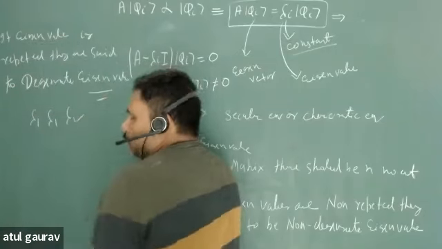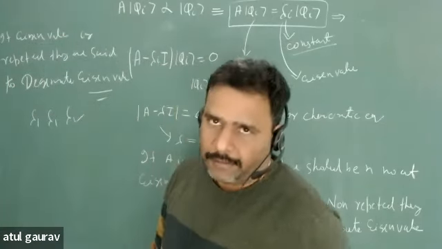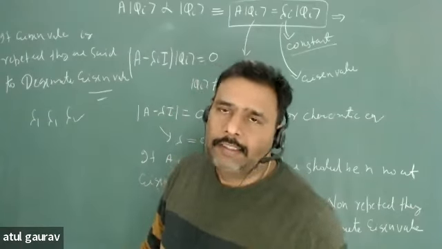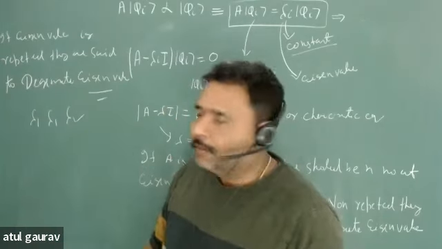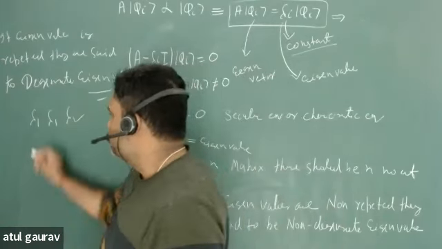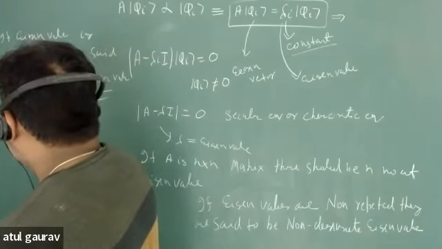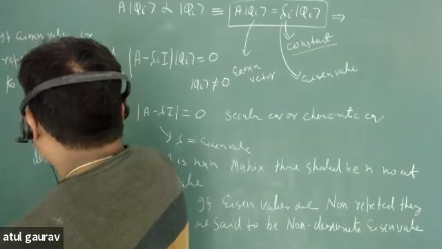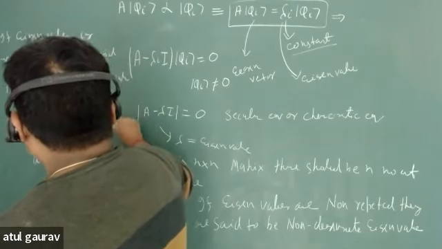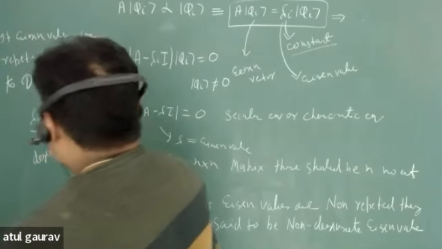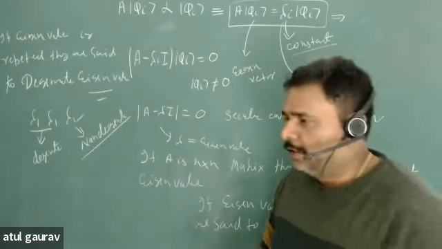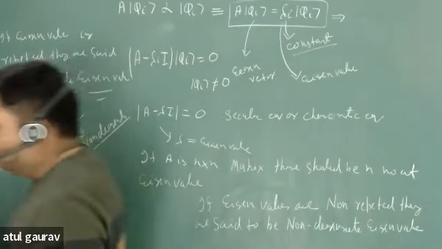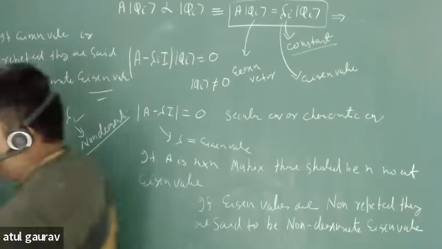Lambda 1 is repeated, so it is doubly degenerate. You can have 0, 0, 1. So 0 is doubly degenerate for a 3 cross 3 matrix. So these are degenerate, and this is non-degenerate.